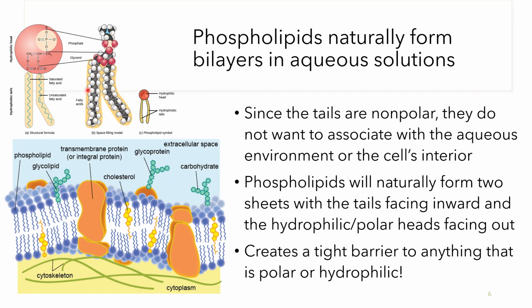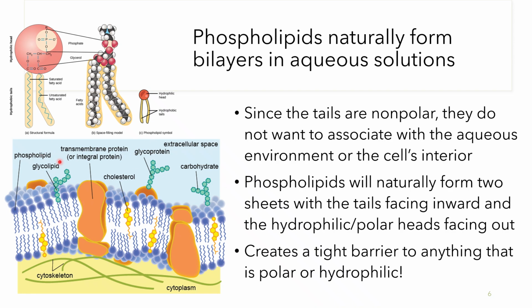These phospholipids will naturally form bilayers. Bi means two, so they will naturally form two layers when they are placed in aqueous solutions, in solutions that are water-based, where water is the solvent, as we discussed water as the universal solvent. Since the tails are nonpolar, they're lipids, they're hydrophobic, they do not want to associate with any water.